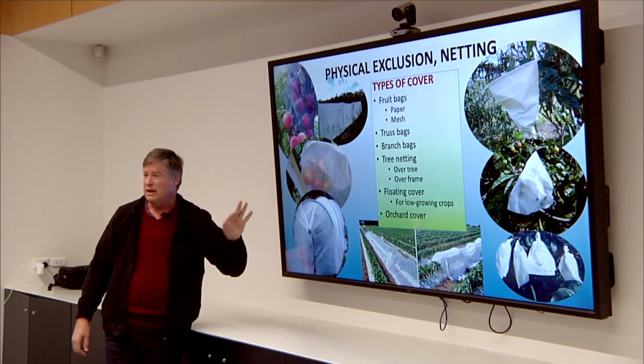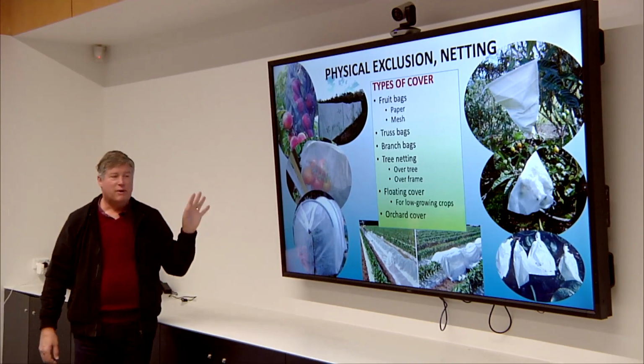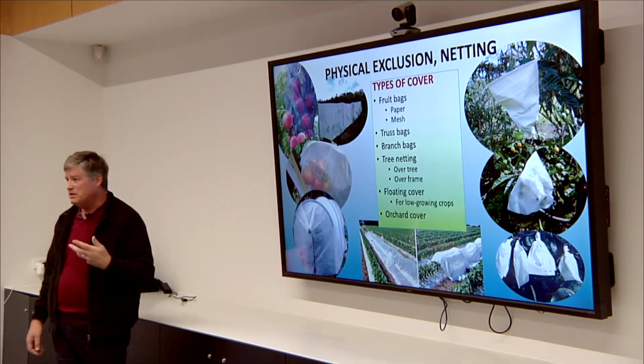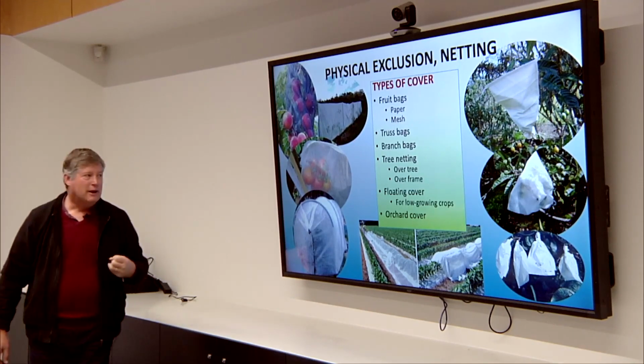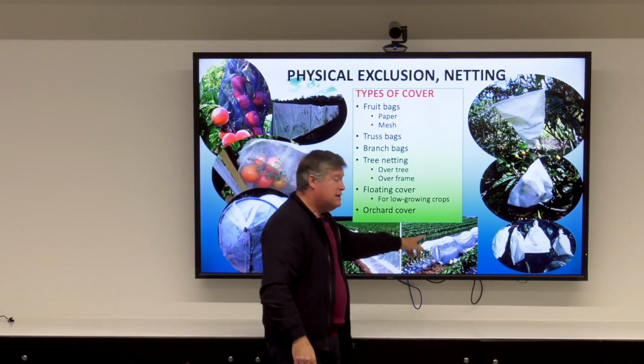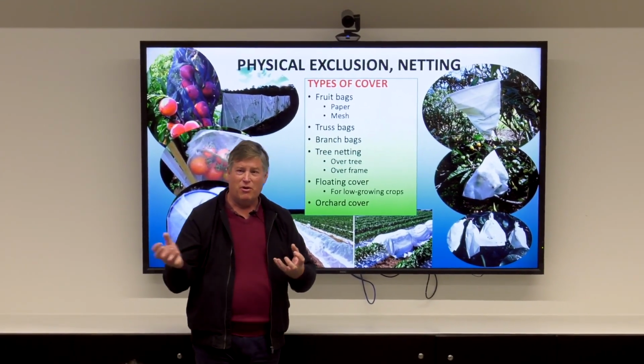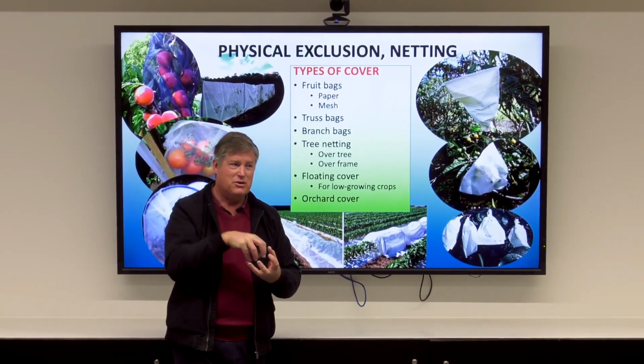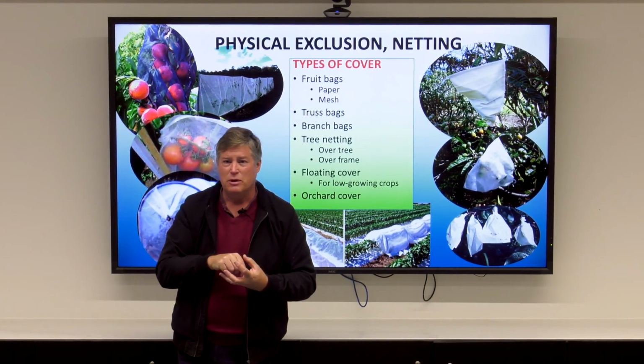There's a couple of things you have to be careful of with covers. One is that you don't cover them before the bees have pollinated the fruit. Two, you don't allow the netting to rest on any fruit, because the fly can come along on the outside, sit on the netting and then sting the fruit through the netting.